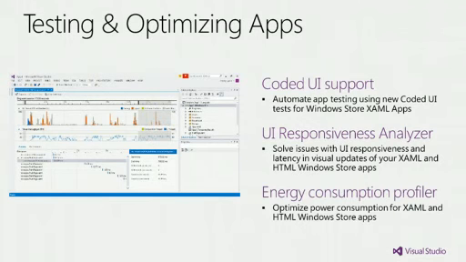We've also improved the testing tools within our coded UI support to enable Windows Store applications to now be automated. So any automated testing that you're writing, you can now do within this type of application also.